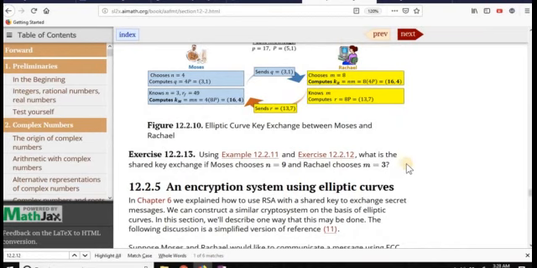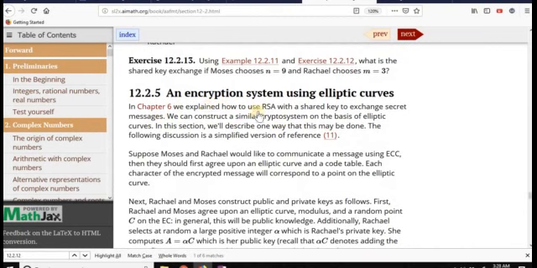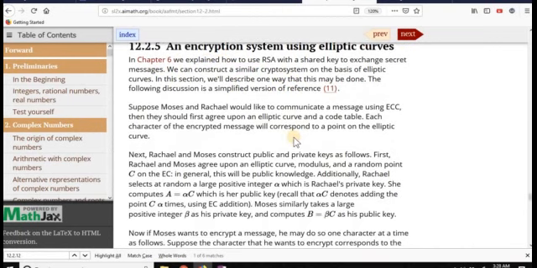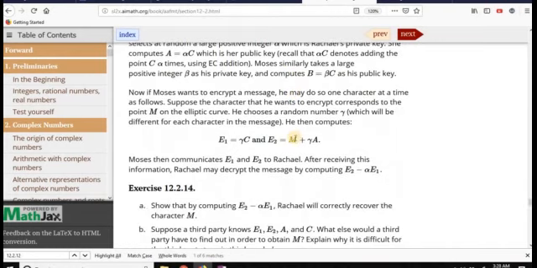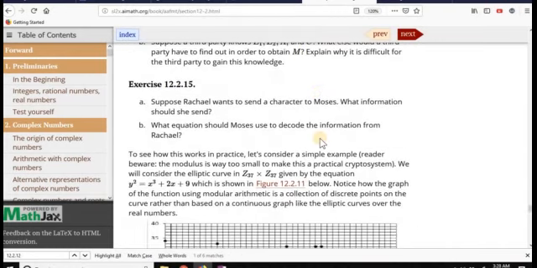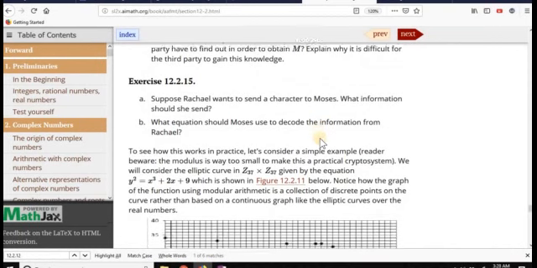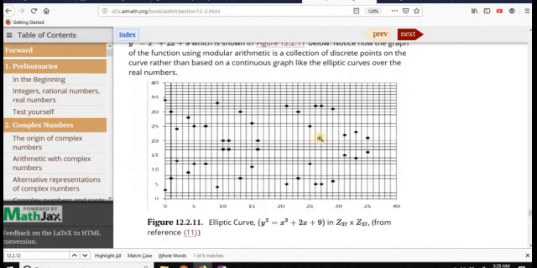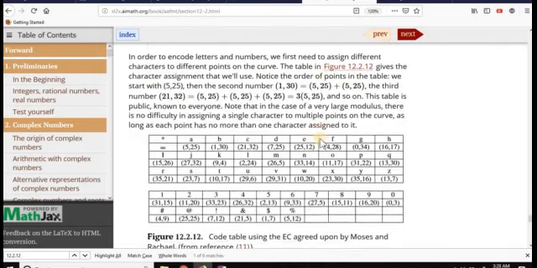All right, so let me see. Did I assign anything in this section? Right, 14, 15.